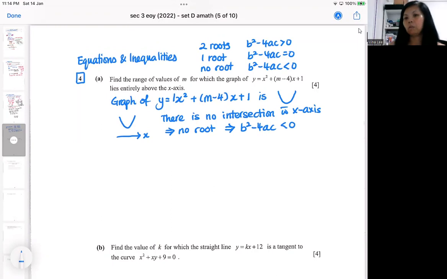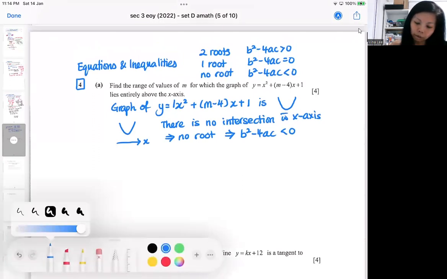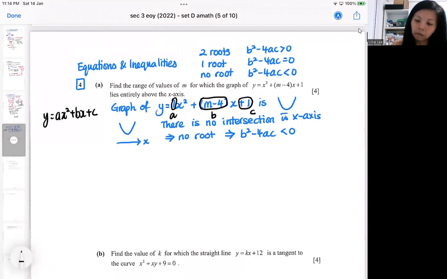So you will need to get your ABC to execute this discriminant. Where does the ABC come from? It comes from the quadratic function. So the ABC will be ax squared plus bx plus c. So this is my A, this is my B, and then this is my C. It's very important you get the condition correct.